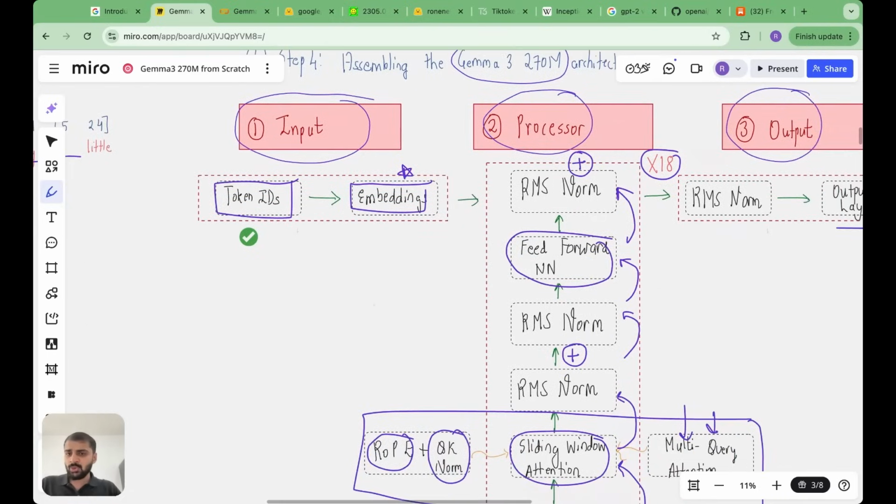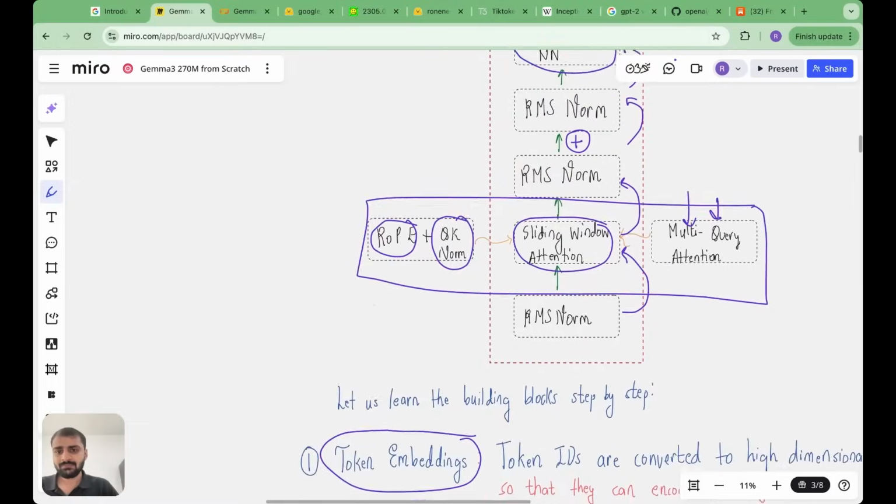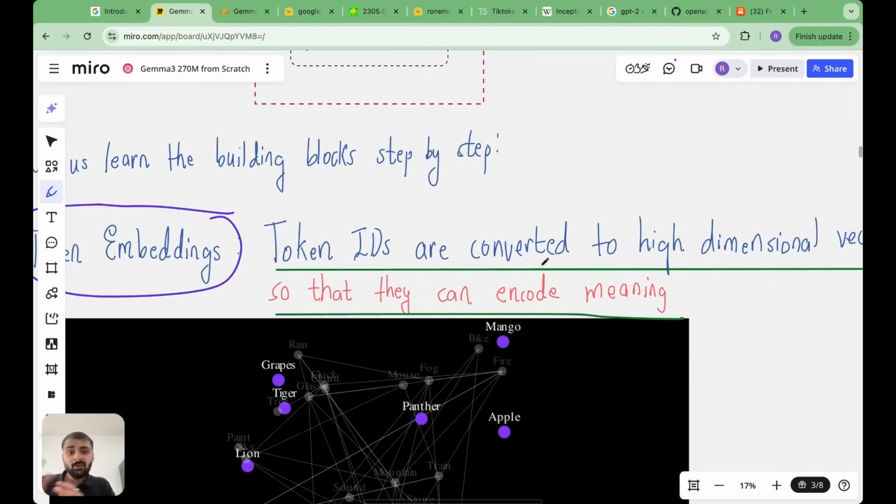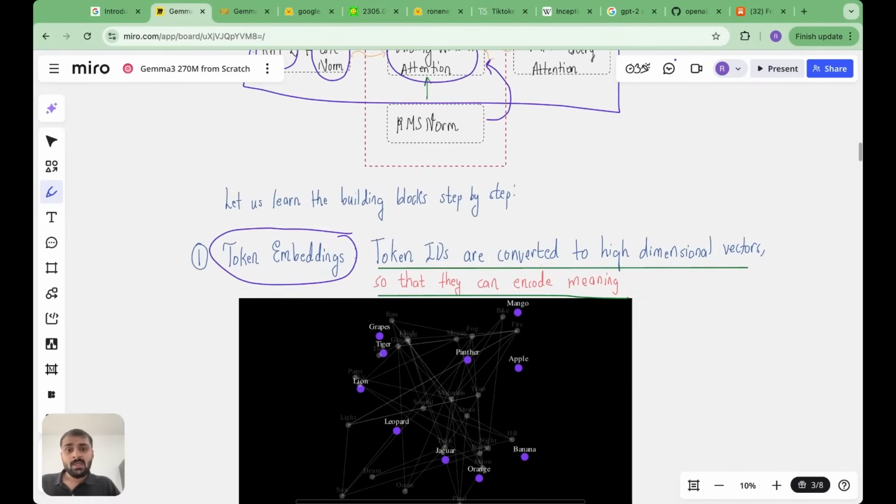I am going to take you through the mathematics also later, but right now just think of it as a high level representation that token IDs are converted into high dimensional vectors so that they can encode meaning. And remember that we are not using any pre-trained models here. These token IDs are randomly converted into vectors. We are going to learn these vector representations so that they carry meaning.